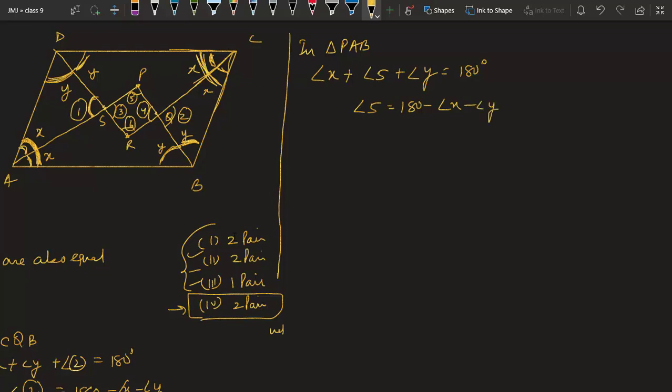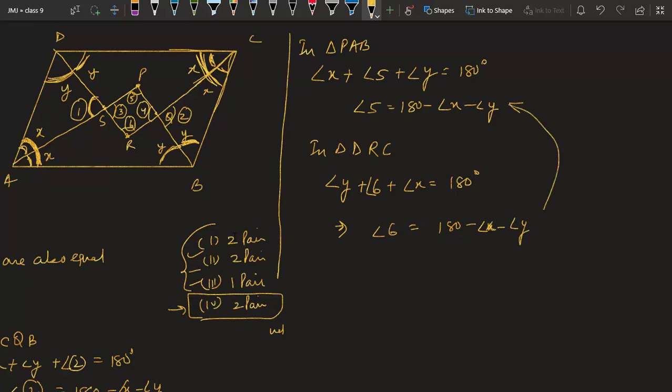And similarly we can say in triangle DRC, angle Y plus angle 6 plus angle X is equal to 180 degrees, which gives us angle 6 value equal to 180 minus angle X minus angle Y. Again, they both are equal, therefore angle 5 is equal to angle 6.